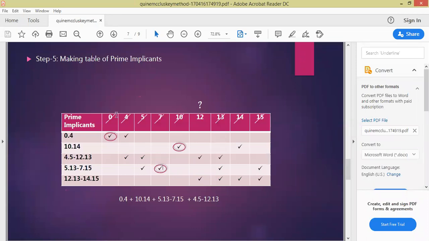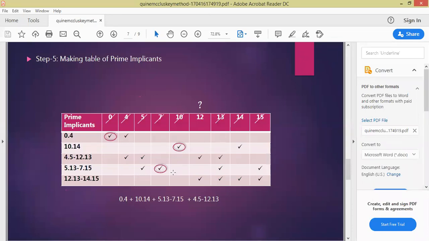So if we consider vertically, there is only one tick left out in column 0. In column 7, we have another which is circled, and in column 10, there is another.